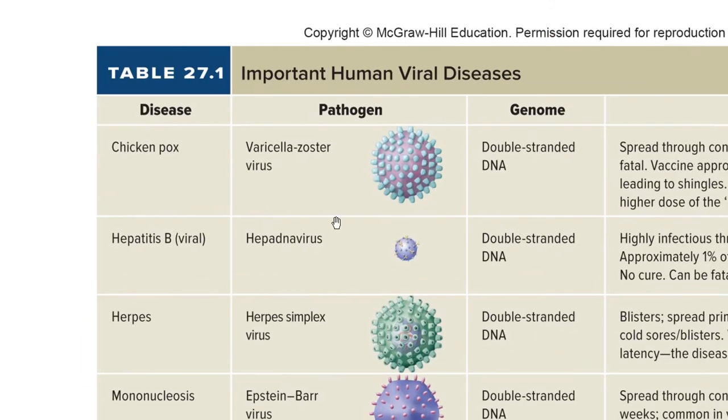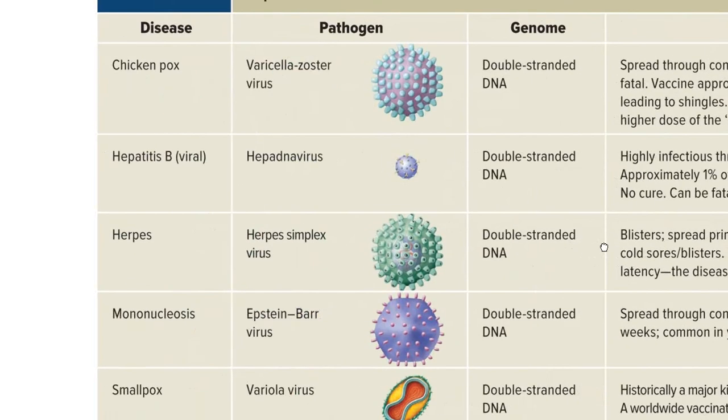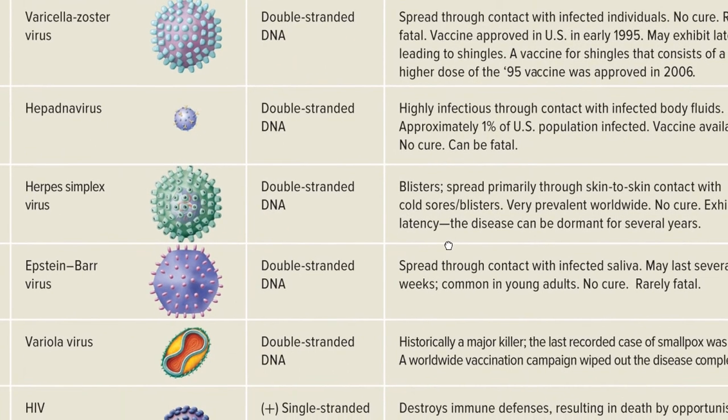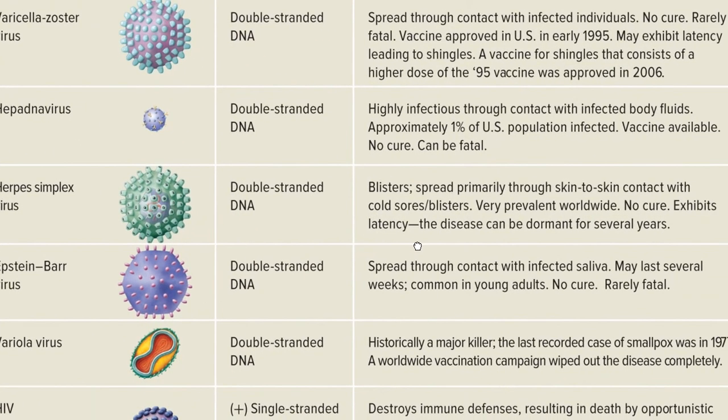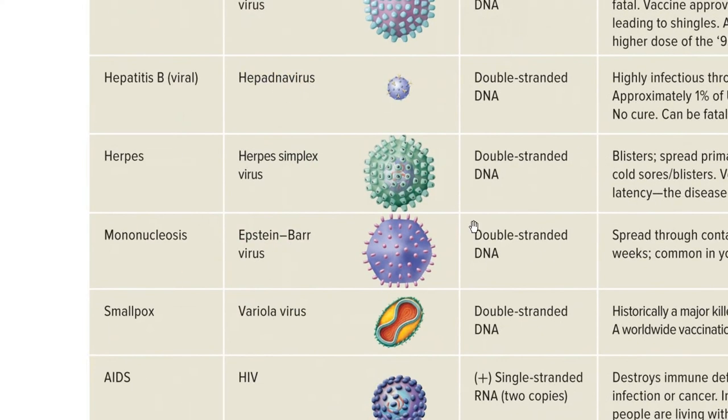On the other hand, hepatitis B is another viral infection caused by double-stranded DNA viruses. Again, a vaccine is available. Herpes is caused by herpes simplex virus, double-stranded DNA, and spreads primarily through skin-to-skin contact with cold sores and blisters. It is very prevalent worldwide, and again a vaccine is available.